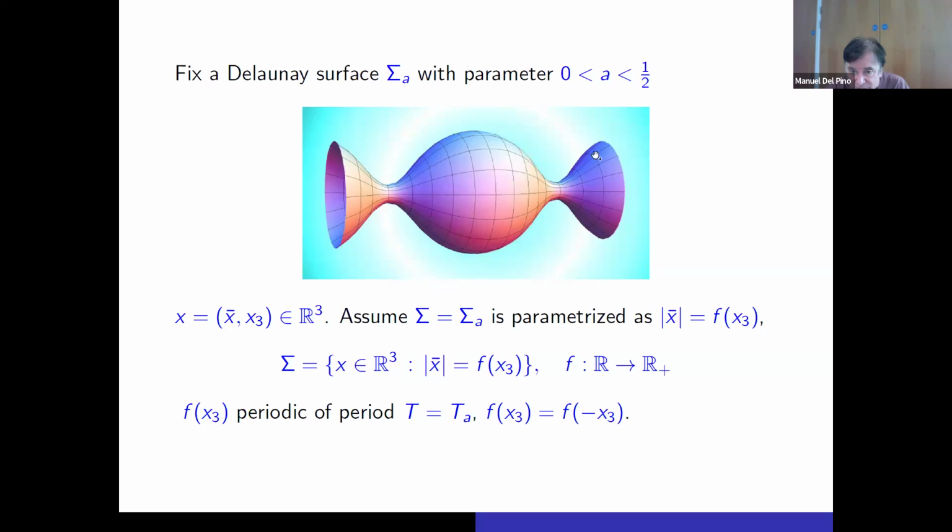This is f of x3, and x3 is the horizontal axis. These are also periodic, with a certain period that depends on A, of course. And in addition, this profile function f can also be assumed even, like in this picture, say if you think that x3 equal to 0 is somewhere here.